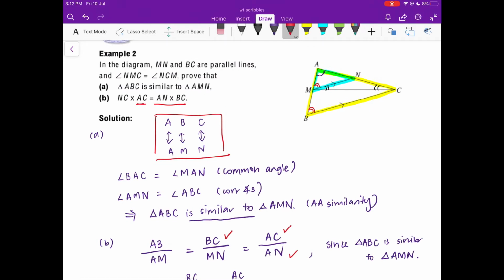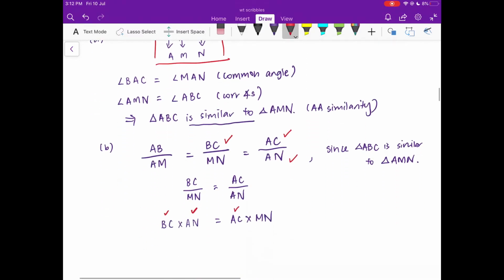In this question, they say that angle NMC equals angle NCM.